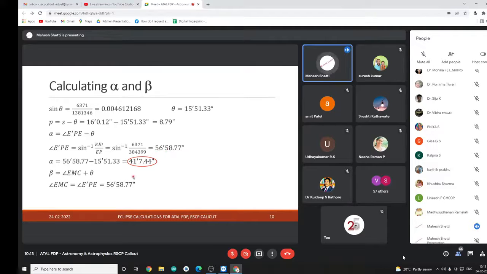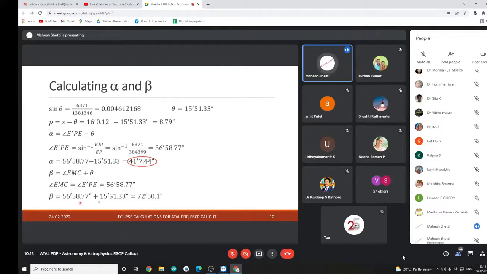Whenever you do such a calculation, you need to always think about the significant digits, because a calculator can give you large values, but whenever you are taking differences within a ratio, you have to see that the difference is correct up to how many significant digits. Accordingly, the angles or other measurements can be written up to the correct significant digits.